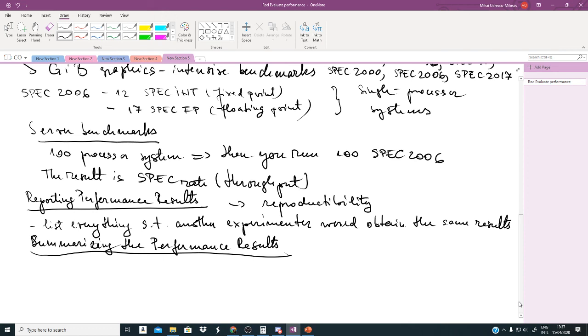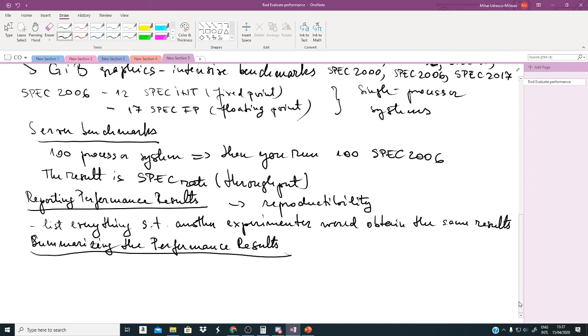And I'll give you a picture of SPEC 2006, the evolution from SPEC 89 to SPEC 2006, and how the collection of programs has evolved. So you run each and every program, and you measure the time required to run that program.